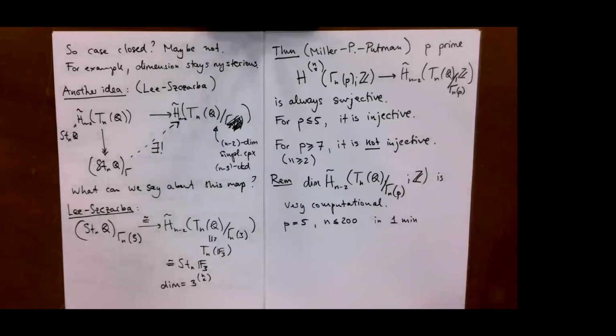Why is this the Tits building? Well, because the units of Z are just plus and minus 1, and the units of F3 are also just plus and minus 1. Now the units of F5 are not just plus and minus 1, you also have plus and minus 2.